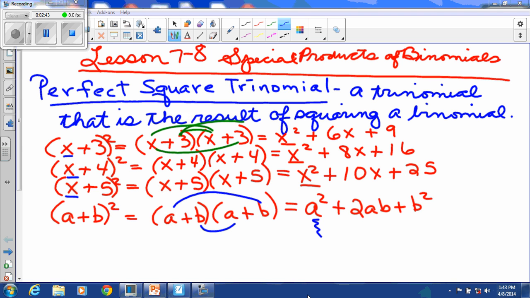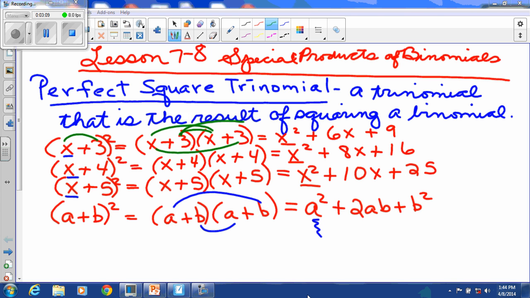For each of these examples, look at the middle term. X plus 3, the quantity squared, we get 6x for our middle term. For x plus 4, the quantity squared, we get 8x for the middle term. For the square of the binomial x plus 5, we get 10x. Notice in each of these cases, that middle term is simply the first term times the last term doubled.